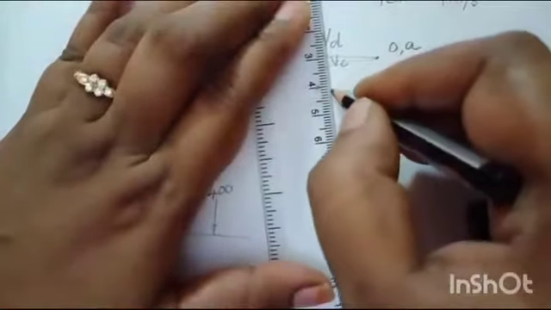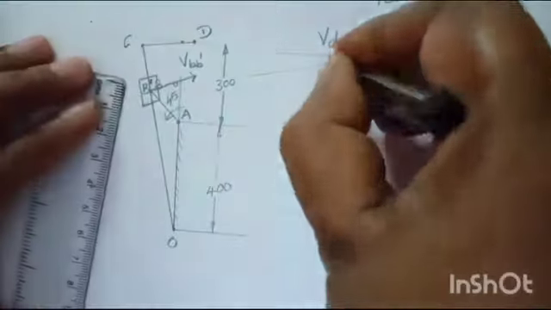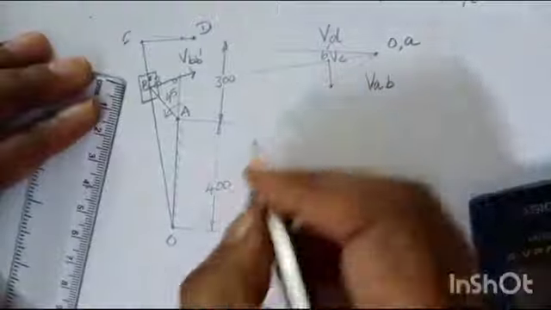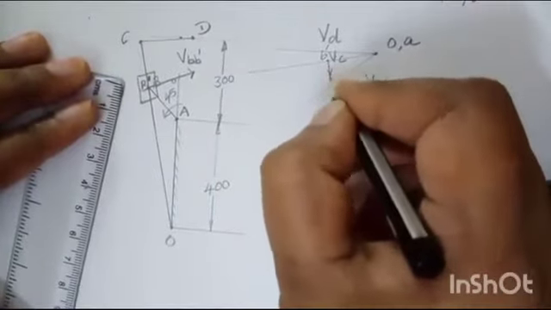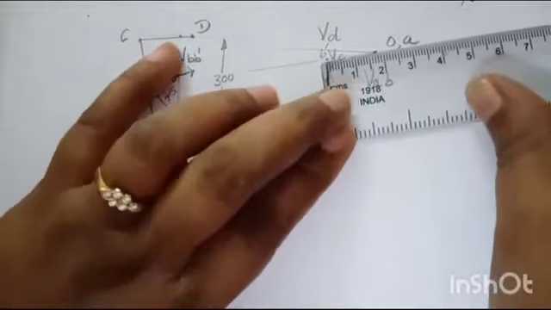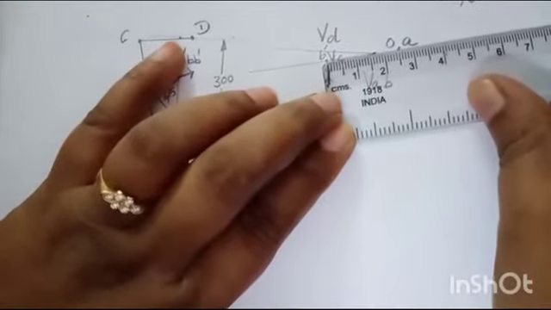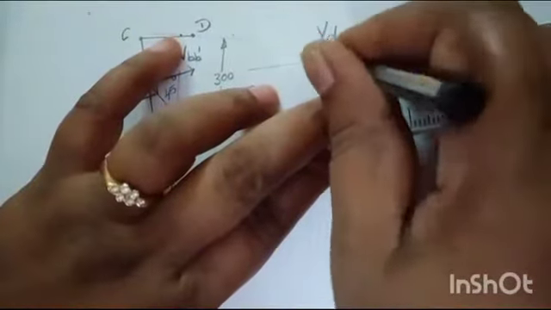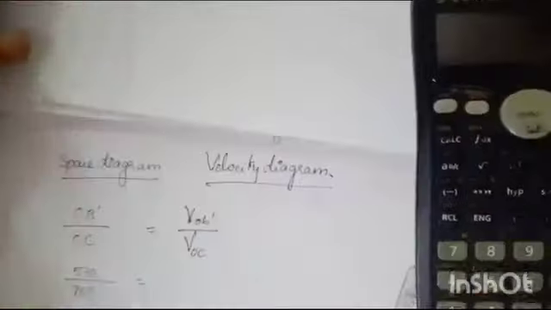So take a parallel condition and draw a line here. This is the point, you got it, B dash. So this becomes only up and downward motion. This B dash point you measure it, from this O point up to B dash point. So VOB dash comes as 1.6.